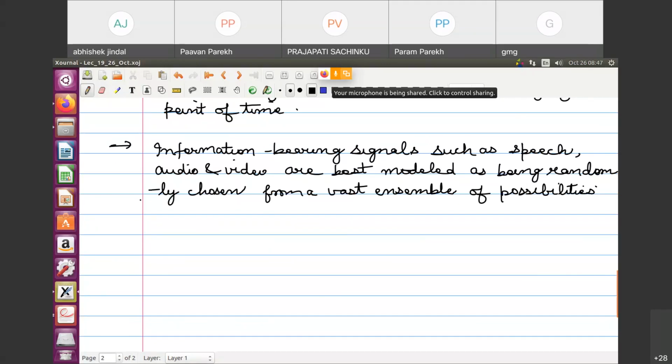If you need to design a communication system for communicating that, and you want to study it, you have to assume that the information bearing signal will be chosen from a lot of possibilities. My video file can be a video of the mountains, of the city, of your home, any sort of movie. So if we need to study systems which transmit and receive video, the best way is to model video as a signal which is randomly chosen from a vast ensemble of possibilities.